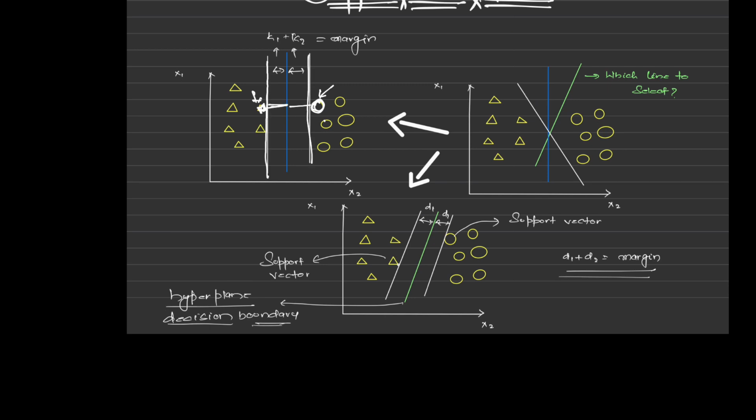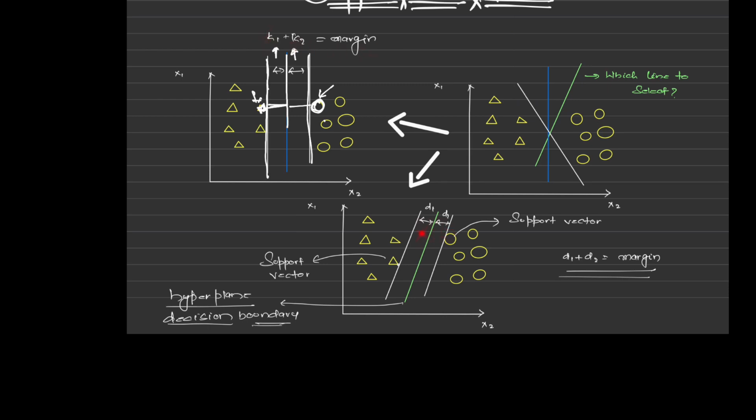Now the distance between this line and the blue line I'm calling K1, and the distance between this line, which I have plotted parallel to the hyperplane, touching the nearest circle to that line, I will call K2.